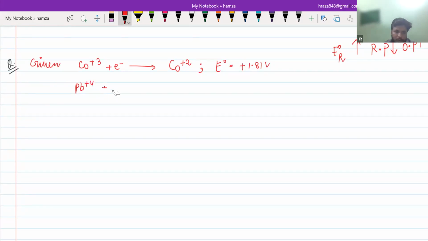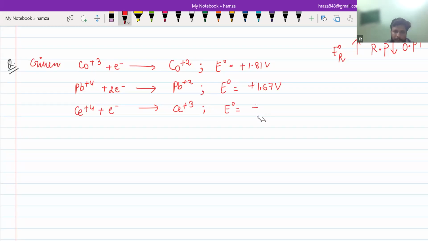Pb4+ plus 2 electron will be Pb2+, and E naught will be equal to plus 1.67 volt. Ce4+ plus electron will give Ce3+, and E naught will be equal to plus 1.61 volt.